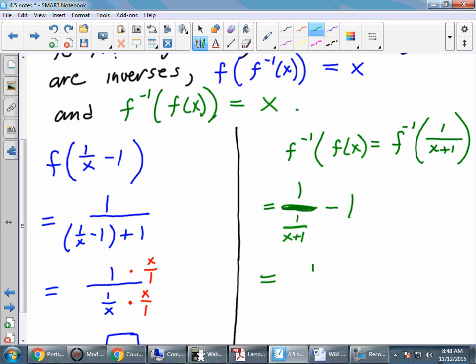Maybe I'll rewrite this again. And I know this is a little bit confusing, so just hang in there. Okay, how can I clean this up right here? Multiply by the reciprocal again, times x plus 1 over 1.